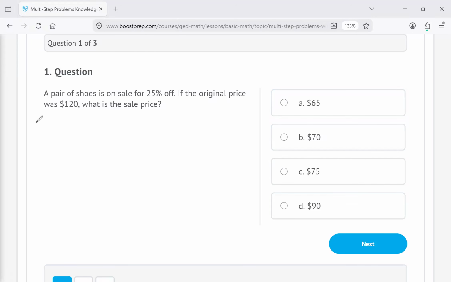One important key piece of information when you're doing these kinds of word problems: you might have a percentage and you must convert it to a decimal. You need to know how to convert percentage to decimal. All you got to do is move the decimal 2 places to the left. That's it.